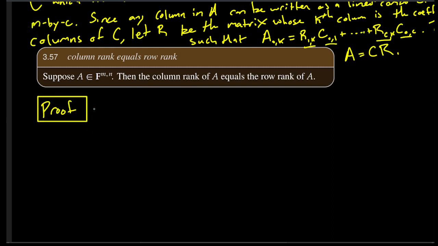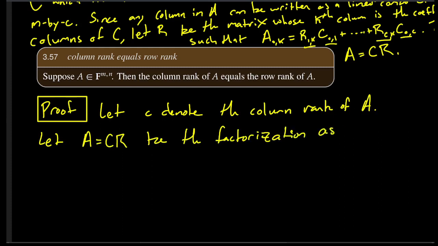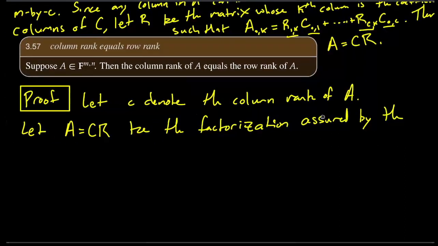So to start it off, let little c denote the column rank of A. Okay, then let A equals CR be the factorization assured by the previous theorem.